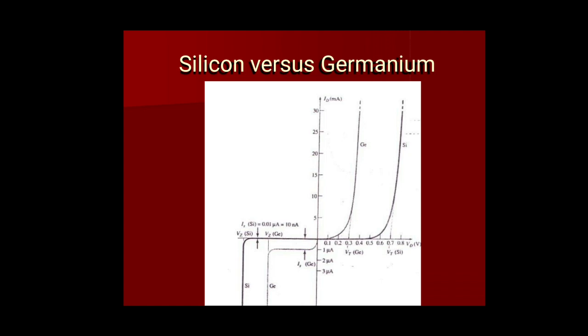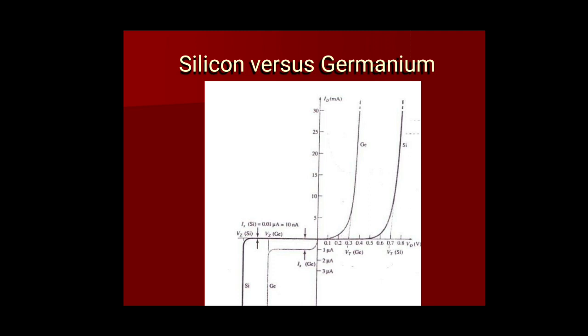So this is silicon versus germanium. It is the characteristics of the PN junction diode, which is available in silicon, and you can also have it in germanium. In silicon, the knee voltage is 0.7, and in germanium it is 0.3 volt. See here, this region is the forward bias region.